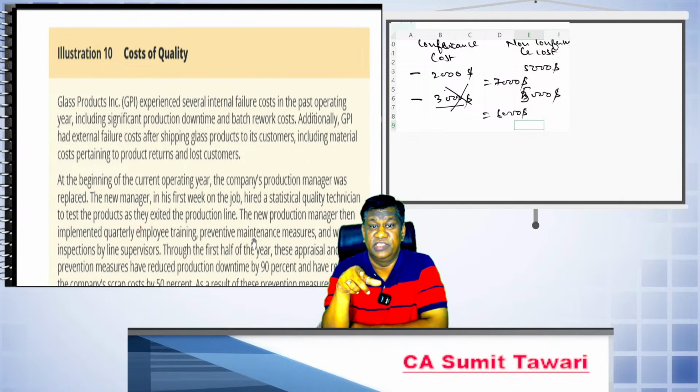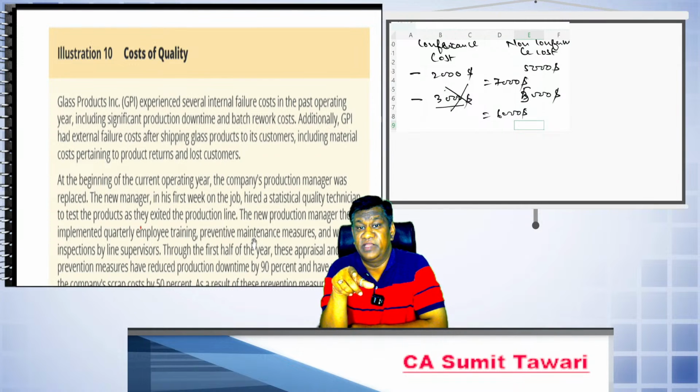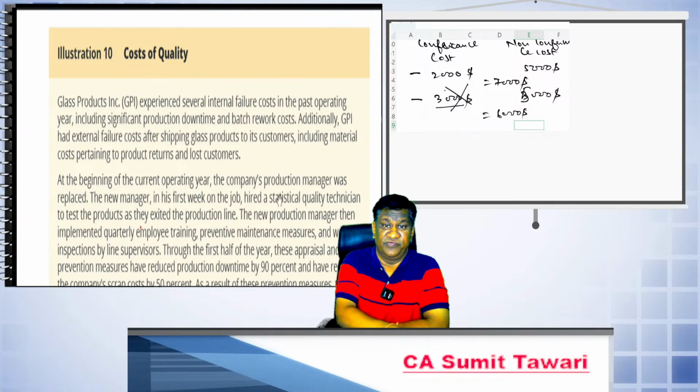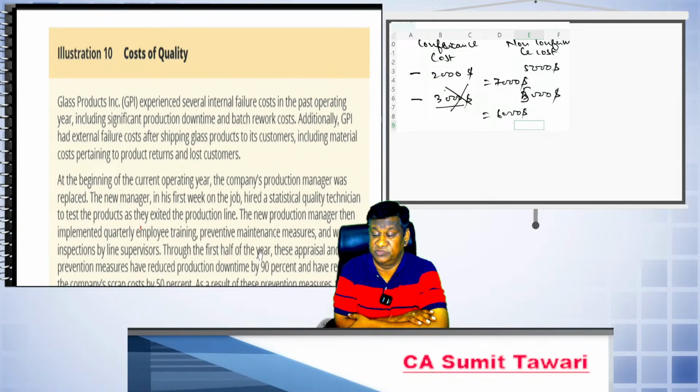Here, production downtime reduced by 90%, scrap cost reduced by 50%, and there is no loss of customers. So in this scenario, increasing the level of conformance cost is acceptable.